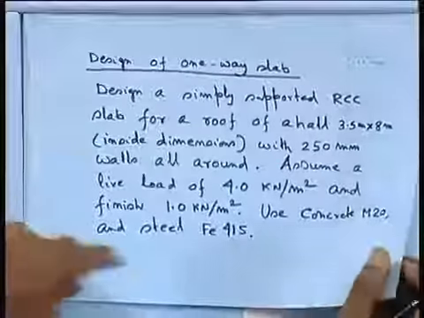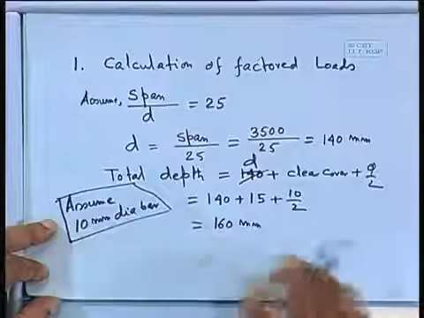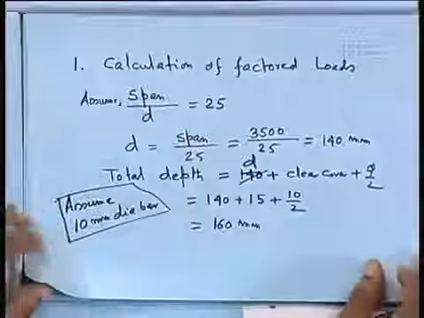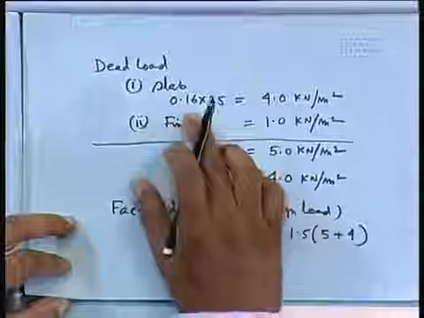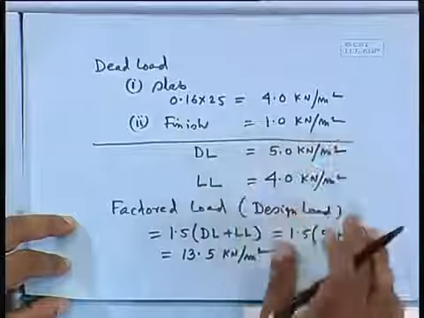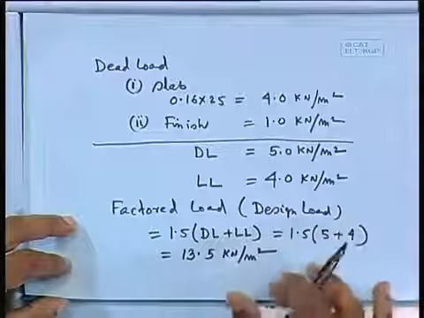Just to show you how far we have done so far: we have done the calculation of factored loads, step 1, on the basis of span by depth ratio. Next, we calculated dead loads on the basis of the assumed thickness of the slab, and finish already we have taken as 1 kilonewton per square meter, live load 4 kilonewton per square meter.